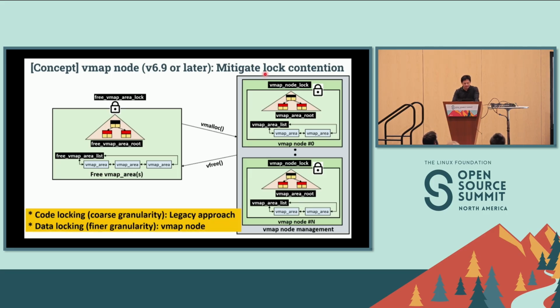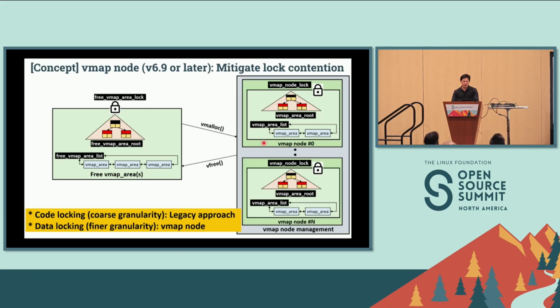Rather than relying on a global lock to guard all Vmalloc allocations, the enhancement uses multiple locks, one per node, to mitigate the lock contention. By distributing the responsibility across nodes, this achieves fine-grained locking, which means that CPUs working on different nodes do not block each other.